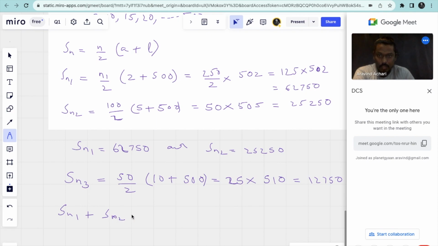Now we will have to add Sn1 plus Sn2. Once we have got their sum, you have to subtract Sn3 from it. So Sn3 has to be subtracted from the sum of Sn1 and Sn2. Sn1 we got as 62750 plus Sn2 is 25250, minus Sn3, which is 12750.